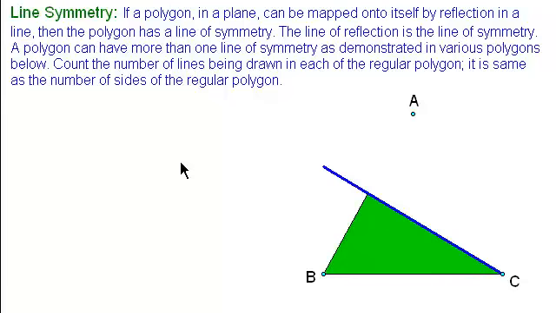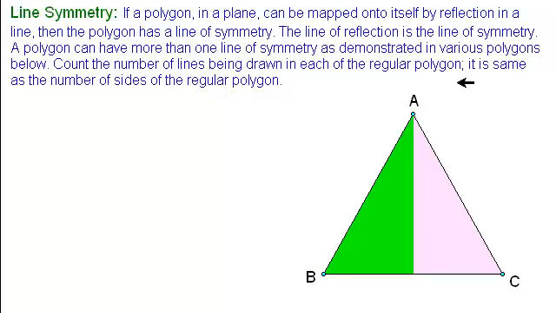So in an equilateral triangle, which has 3 sides, there are 3 lines of symmetry, as it is written here. It is the same number as the number of sides of the polygon.